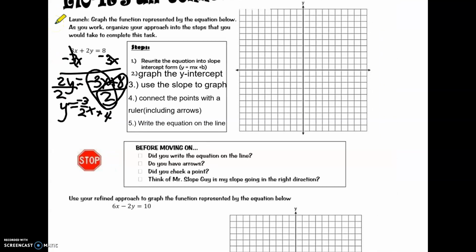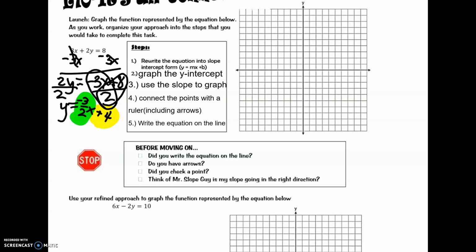So now that we have our equation in slope-intercept form, we need to remember that the y-intercept, which here is 4, is where we're going to start on the graph. And the slope, which is -3 over 2, is how we're going to move, or our directions.